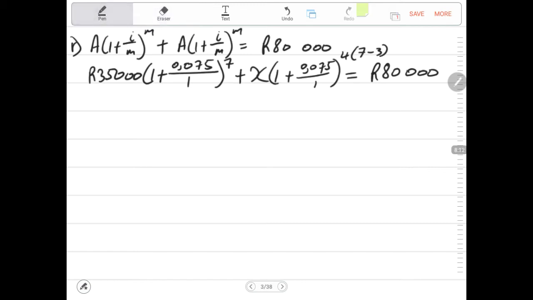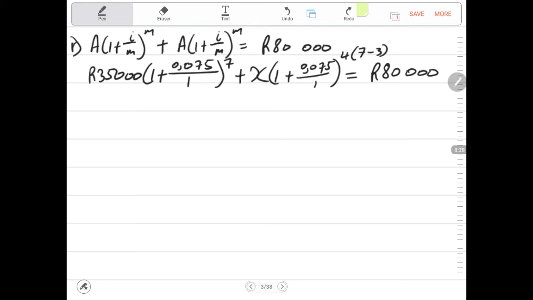Now we continue on that same note, and I prefer to first deal with this aspect, all of it, because there is no unknown here. So I will say 35,000 rands, open brackets 1 plus 0.075 close brackets. Remember, I can say divide by 1, but it will make no difference.